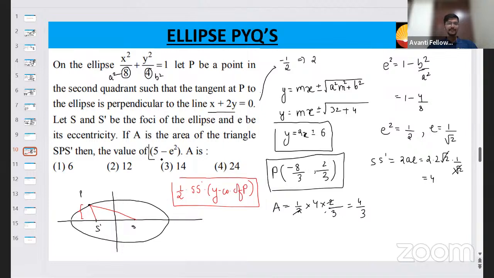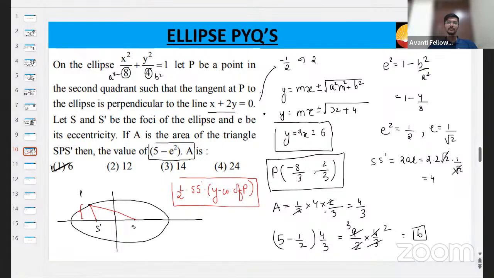We have to find the value of 5 minus p square into A. That means 5 minus p square is 1 by 2 into A is 4 by 3. So 5 minus 9 by 2 into 4 by 3. Right? 2 ones are 2, 2 twos are 3 ones are 3 threes are 3 twos are 6 is our answer. So option number 1. I hope it is clear.